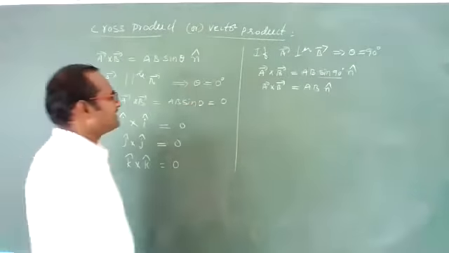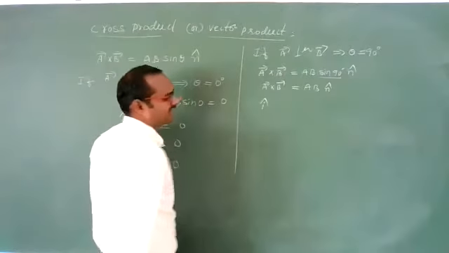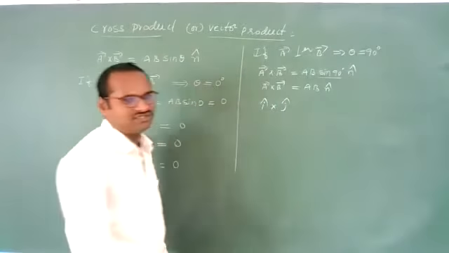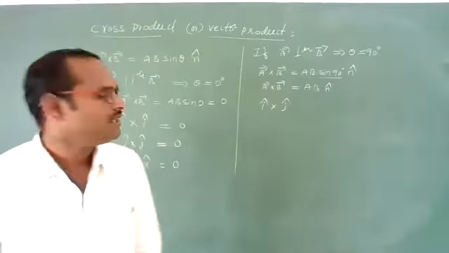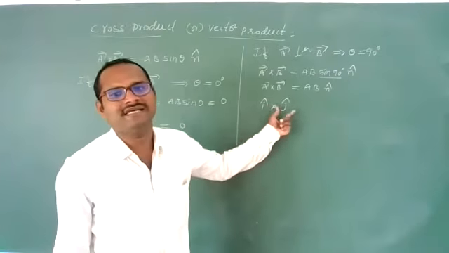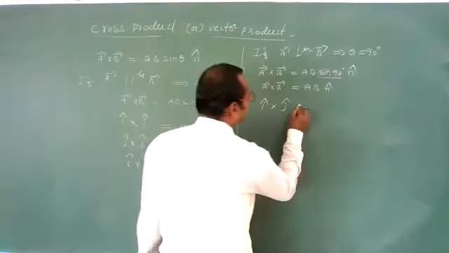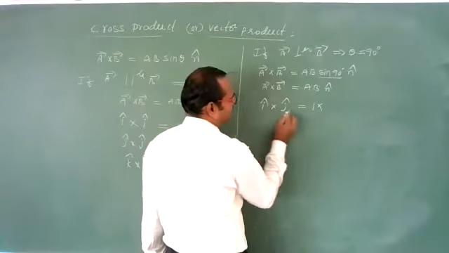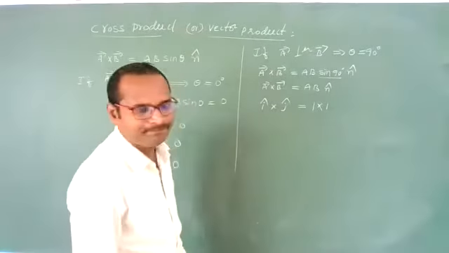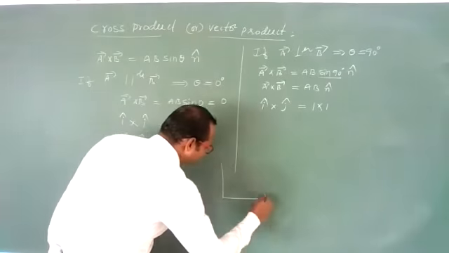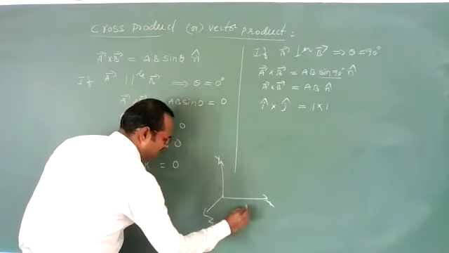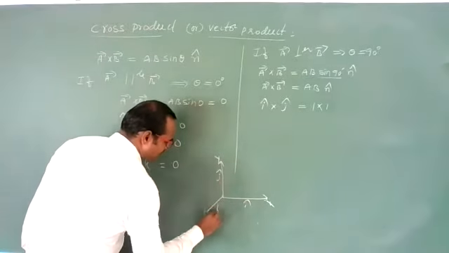Okay, students. Now, let us suppose I have a unit vector in the direction of the x-axis and one more unit vector in the direction of the y-axis. What will be the angle between these two? I and j are perpendicular to each other. I is along the x-axis, j is along the y-axis. The magnitude of I is 1, the magnitude of j is 1, and what is the unit vector perpendicular to I and j? See here, this is the x-axis, this is the y-axis, this will be the z-axis. Here I cap, here j cap, here k cap.